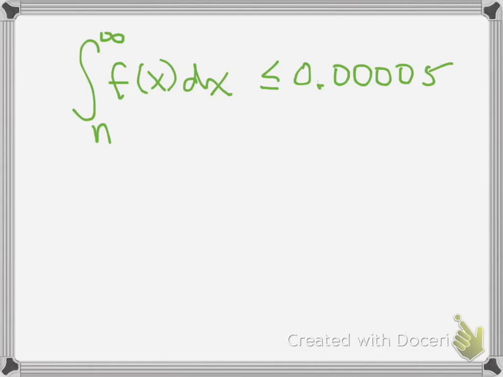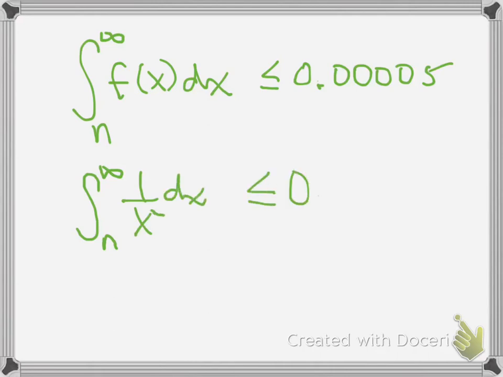That's what we have to do. Of course, we're doing this for the same series we've been working on, so this is the improper integral from n to infinity of 1 over x squared dx. I need to get that less than or equal to 0.00005.